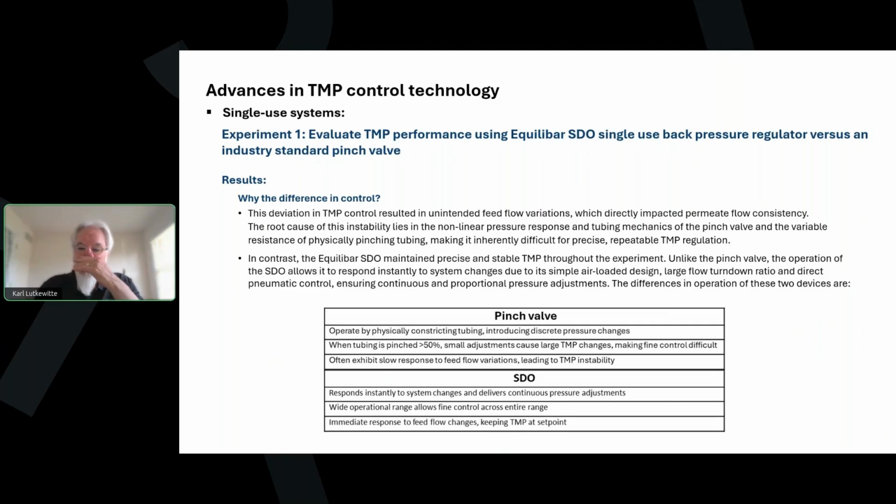So the large flow turndown ratio and direct pneumatic control ensure continuous and proportional pressure adjustments if you automate this valve. And by the way, the same comparison is true for control in a stainless steel system using the stainless steel FDO. As with the SDO, the air acts directly and immediately on the FDO diaphragm, which is the control mechanism. And we can contrast that with a traditional sanitary control valve, where I've got air going into a positioner, into an actuator on top of the valve.